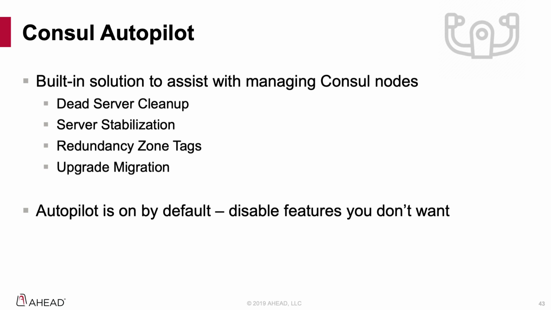Redundancy zone tags. This is a way that when we deploy Consul, we can set up fault zones to ensure that we have voting members in different fault zones. In a public cloud like AWS, we have a region and we have availability zones, and each one of those availability zones is a fault zone, if you will.